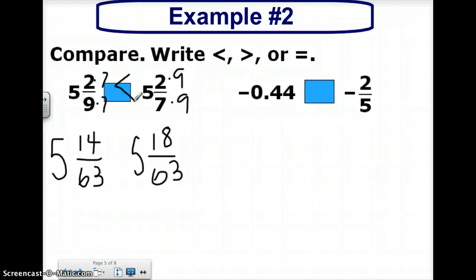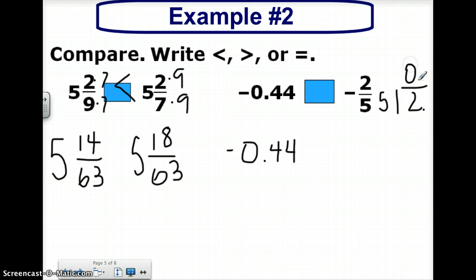When you have different forms of a rational number, you choose if you want to write them both as fractions or if you want to write them both as decimals. I find it's easier to compare when they are both in the form of a decimal. So I'm going to leave negative 44 hundredths as a decimal. Remember in yesterday's lesson, to change fractions to a decimal, you divide the numerator by the denominator. 5 does not divide into 2, but if I add a 0, 5 will divide into 20 4 times.